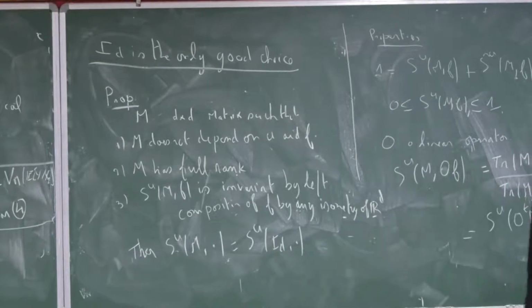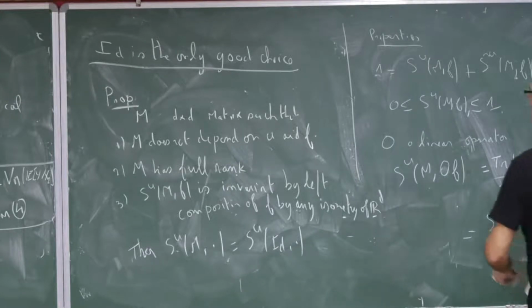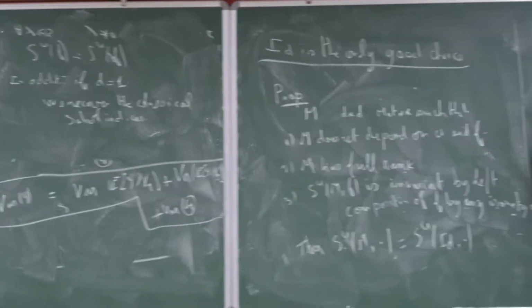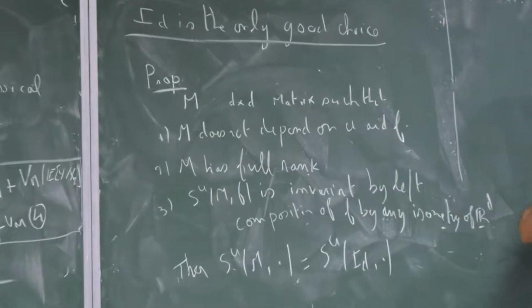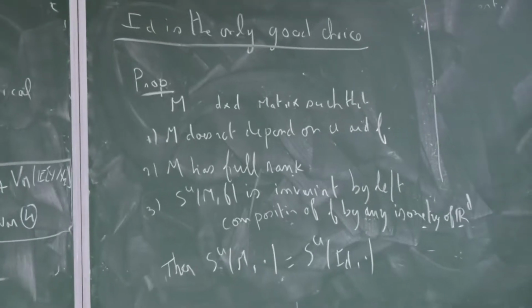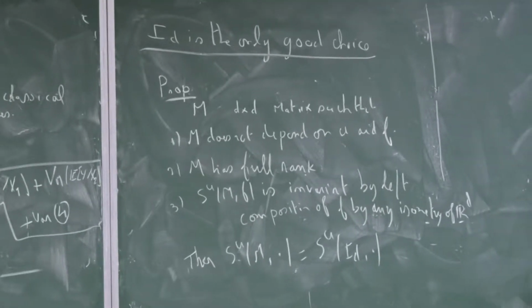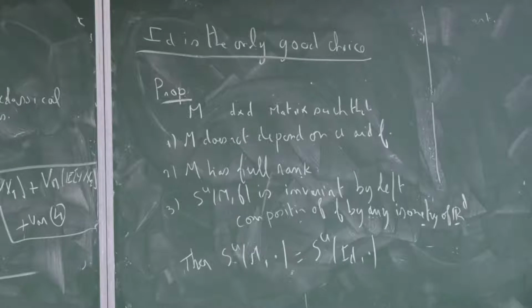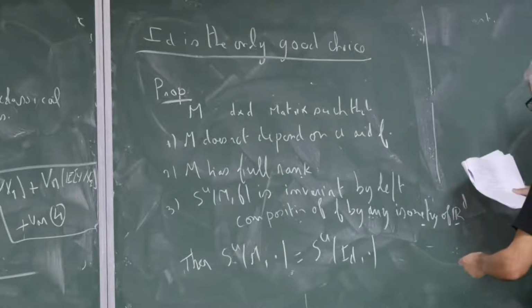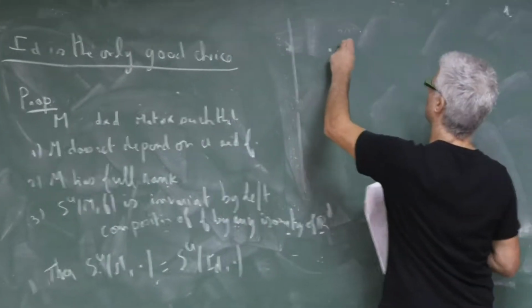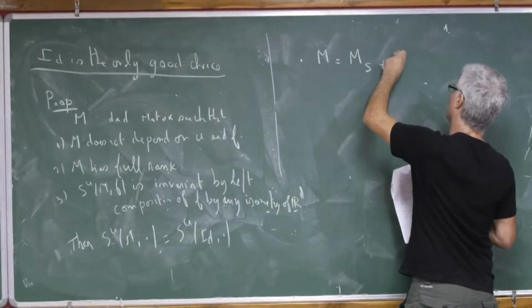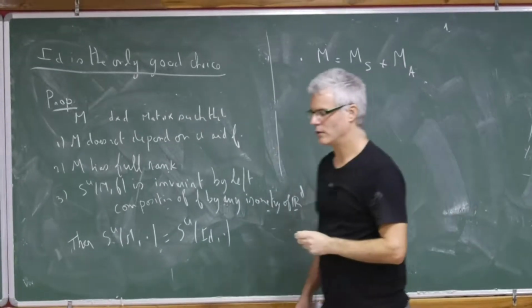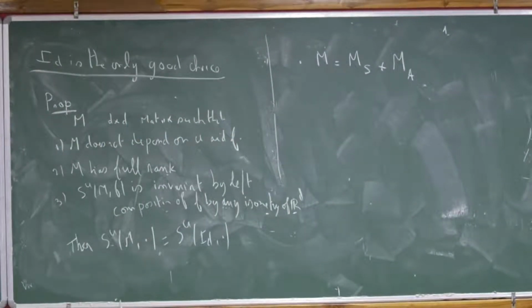Okay, so the proof of this result. First thing, you can always write your matrix as the sum of a symmetric matrix and an antisymmetric matrix.